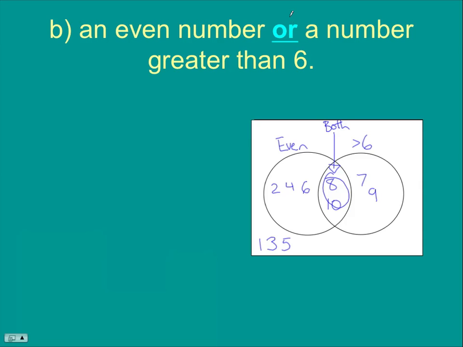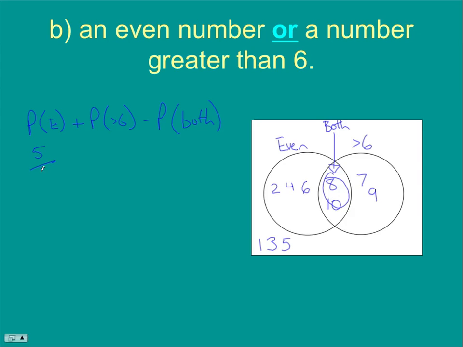Now if we want to answer the question, probability of getting an even number or a number greater than 6, what we need here is the probability of getting an even plus the probability of getting greater than 6 minus the probability of getting both. The probability of getting an even number, well, there are 1, 2, 3, 4, 5 even numbers.